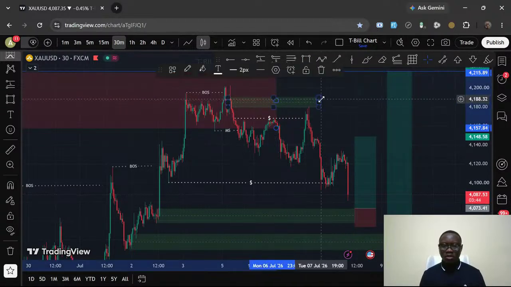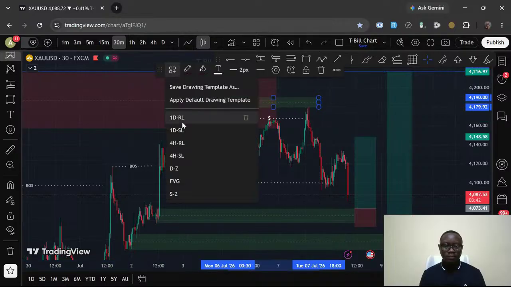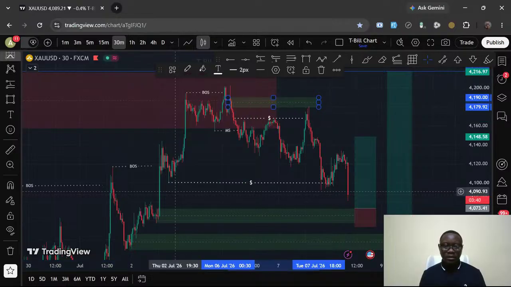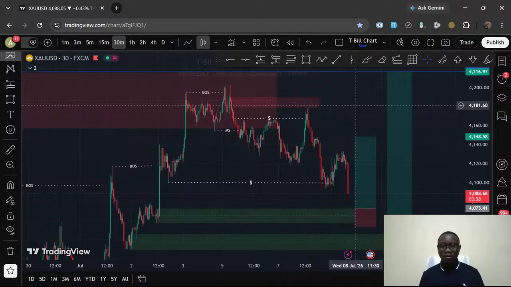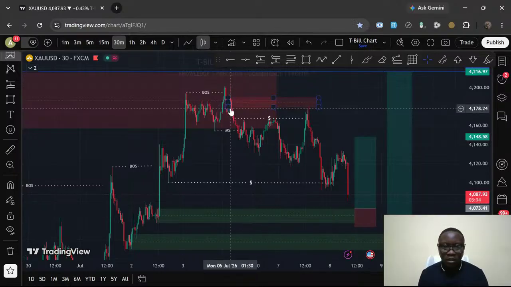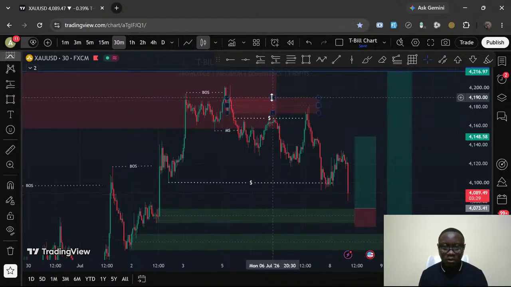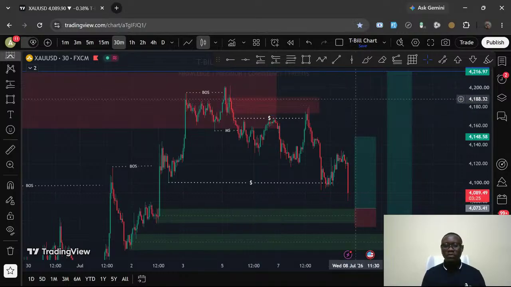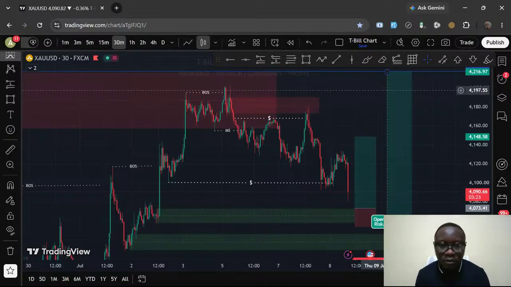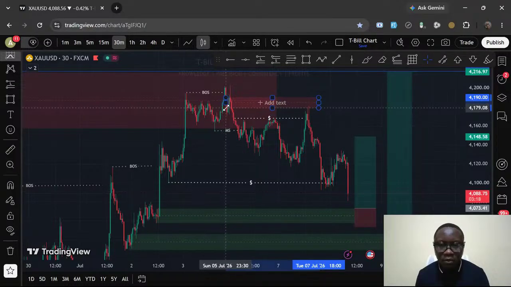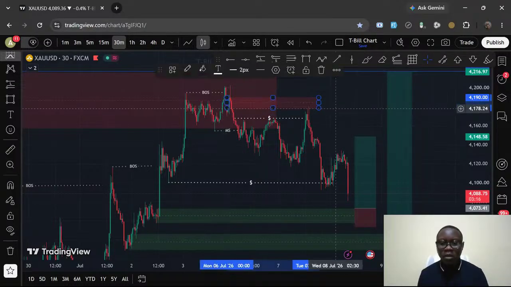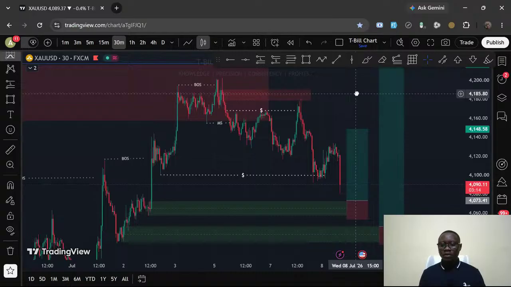Okay, this would have made a really good sell as a supply order block zone right here. The sell actually originated from this breaker block, from this other block right here. Let's mark this whole level. Yeah, so that was where the sell originated from.